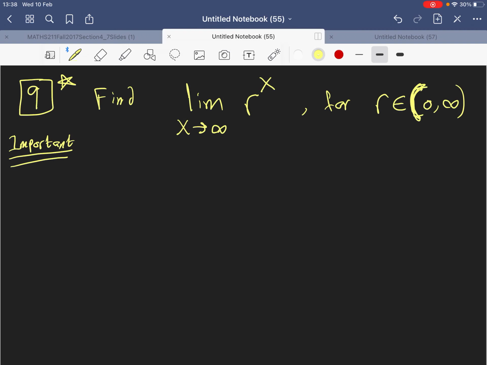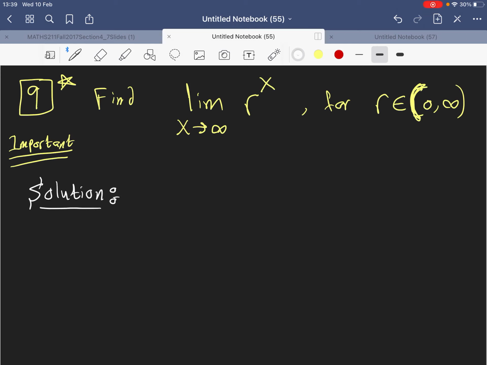Now here I want you to find the limit as x goes to infinity of r to the power of x. Okay. Now, why is this important? Because we want to write the general rule for this one. So I will directly use the same idea.